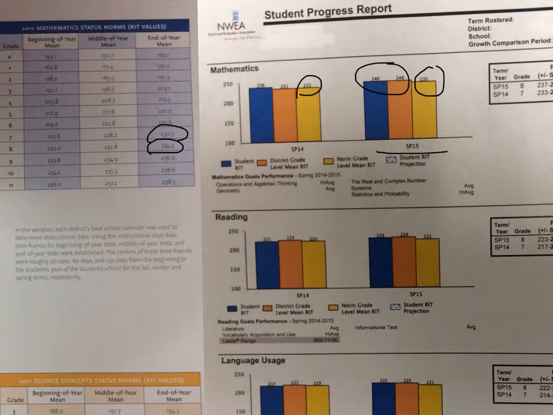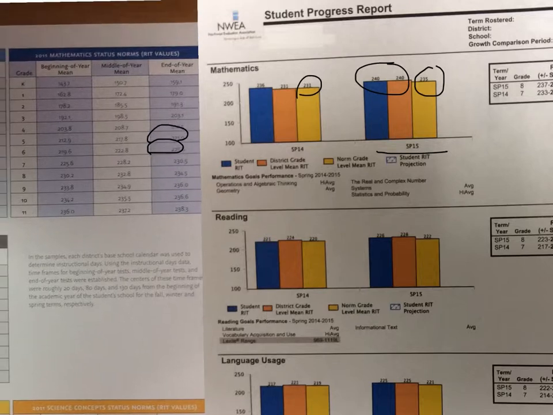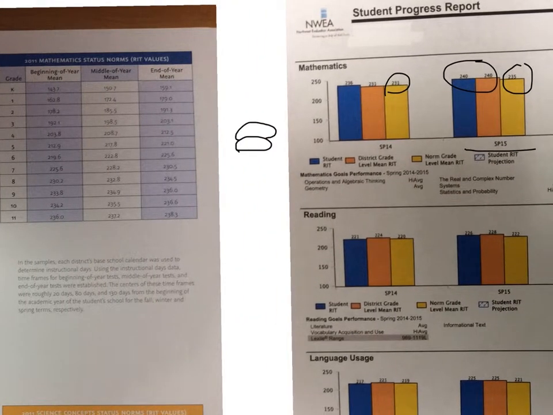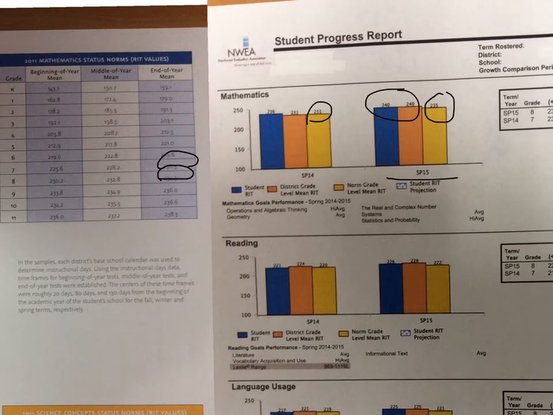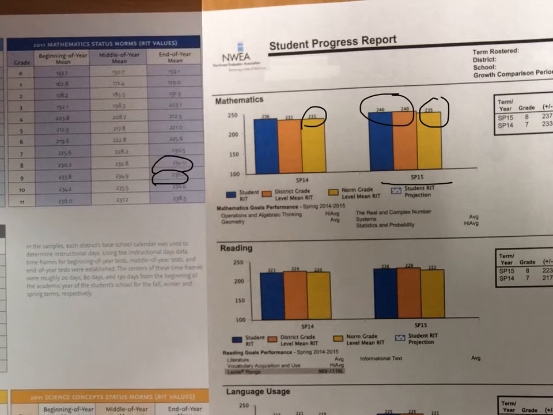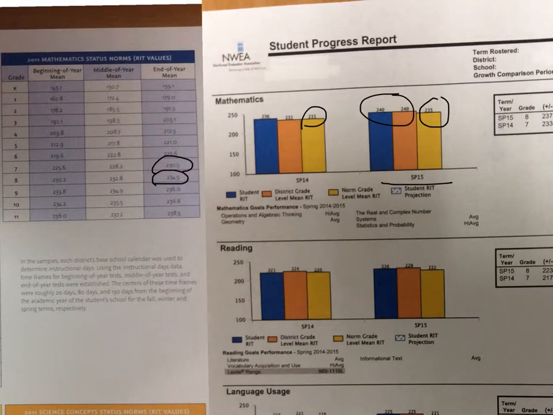So as we take a look here and we see our student scored 240, if we look here on our math numbers and we want to know, where does 240 fall on our chart of norms? Right, we know that our 7th and 8th grade was right here.